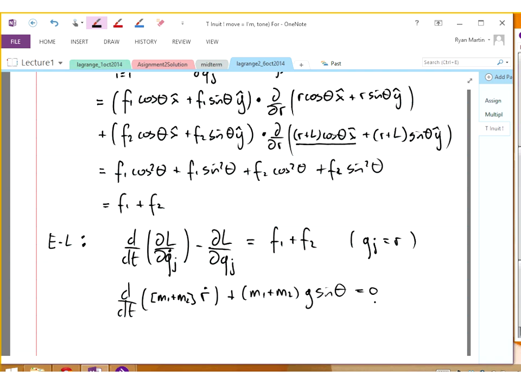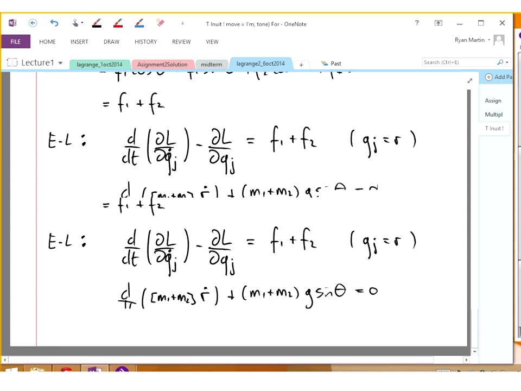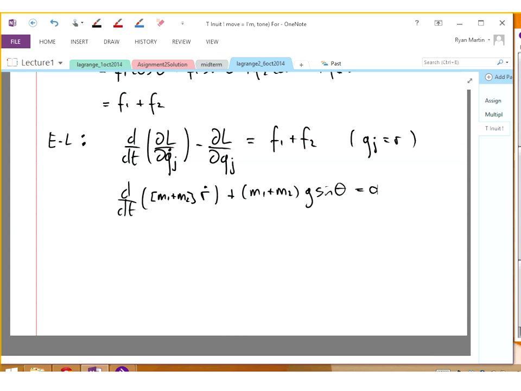So we're left with one time derivative to do. So d/dt, m1 plus m2 are constant, so the only thing that depends on time is ṙ. And so we have (m1 plus m2) r double dot. I'm going to move the other thing to the other side. Oops, sorry, that's not equal to 0.